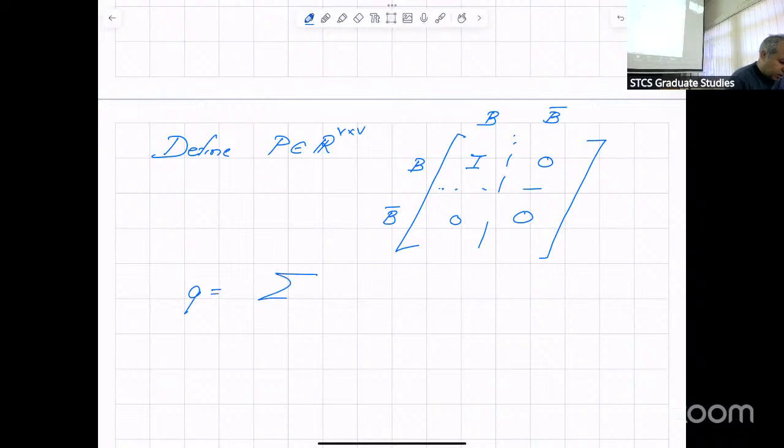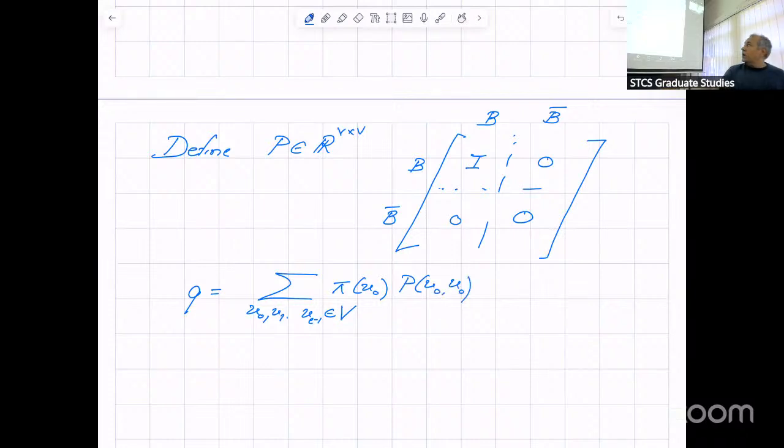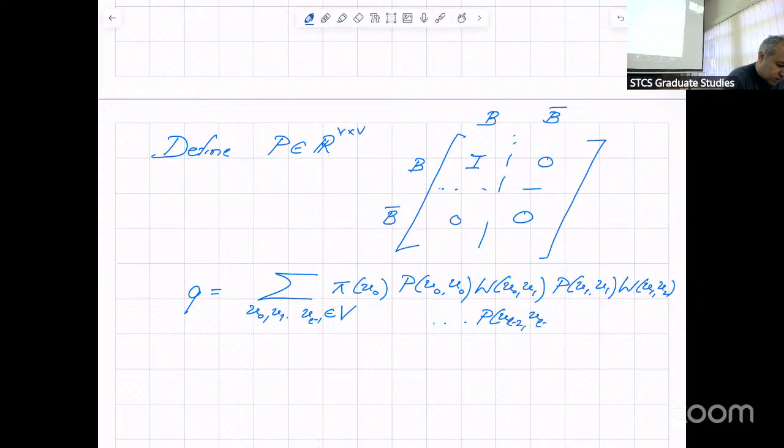And I want to claim Q is exactly the summation over U0, U1, U2, up to UL minus 1 in V, now going over the whole set, of Pi of U0, times P(U0, U0), times W(U0, U1), times P(U1, U1), times W(U1, U2), and so on up to P(UL minus 2, UL minus 2), W(UL minus 2, UL minus 1), and then also P(UL minus 1, UL minus 1).